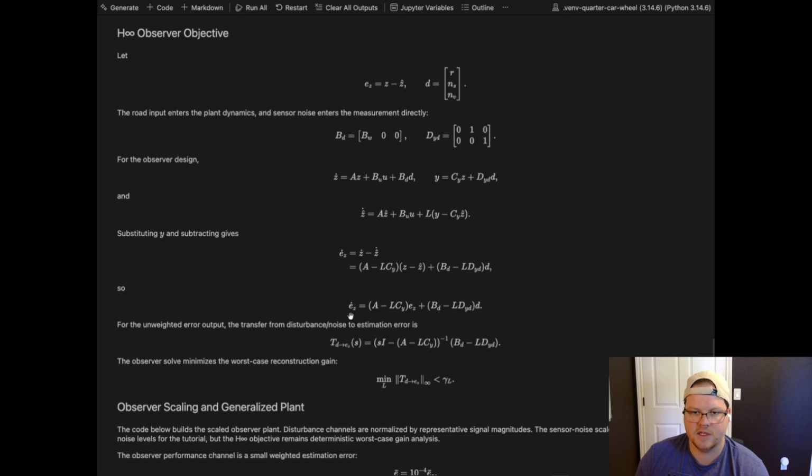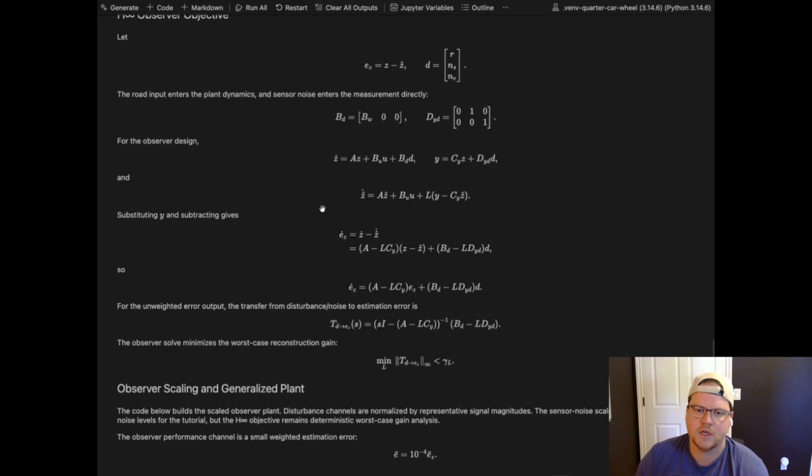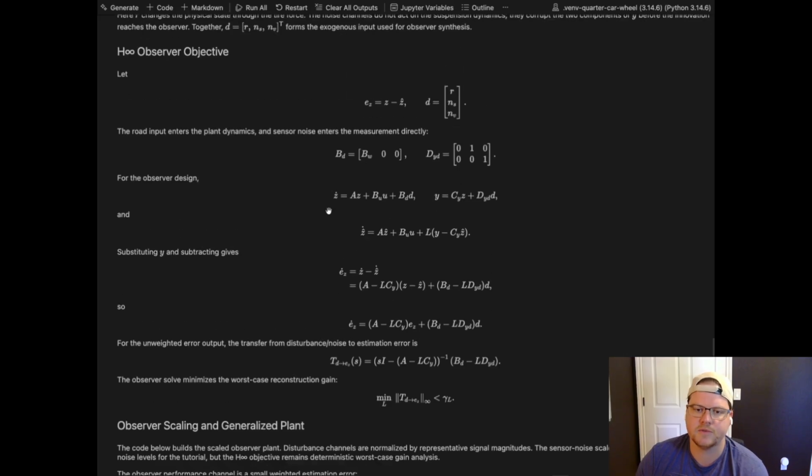And so this is our EZ dot. And then for the transfer function, I wrote it on my whiteboard here, but it's similar to what was it, the disturbance road to the performance output, except that we don't work with both of these equations. We can work with EZ dot directly here because we have the EZ and the D, right?